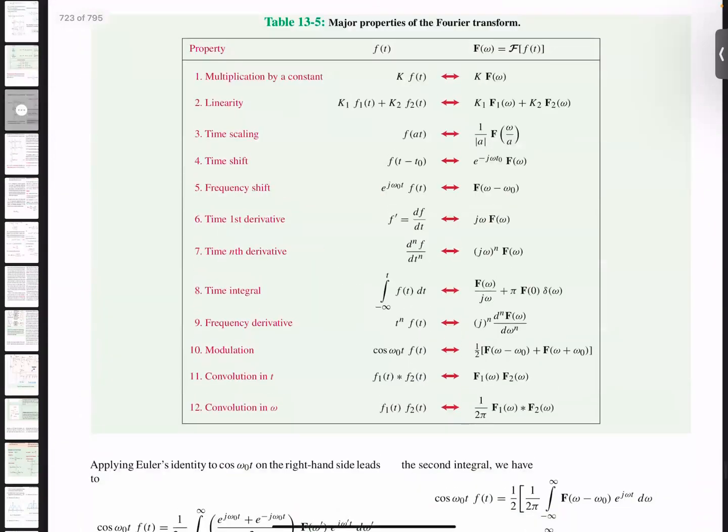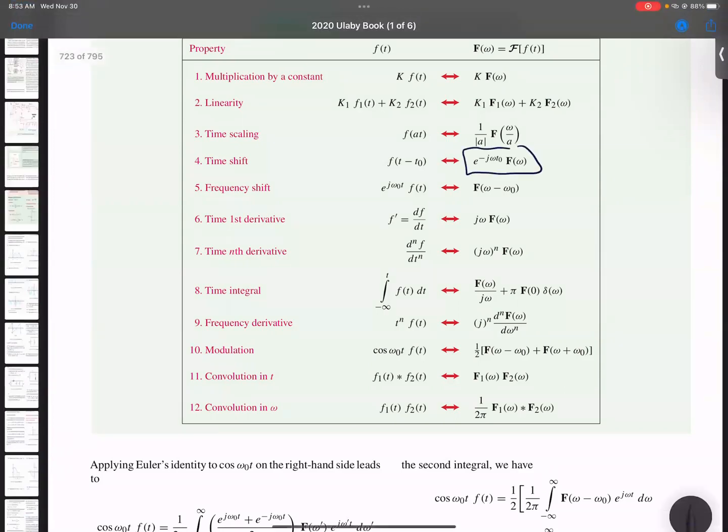And just like with the Laplace transform, you also have the properties of the Fourier transform. So when you have e to the minus j omega t naught in the frequency domain, it shifts it in the time domain. So these are very similar to the Laplace ones, except they're for the Fourier.